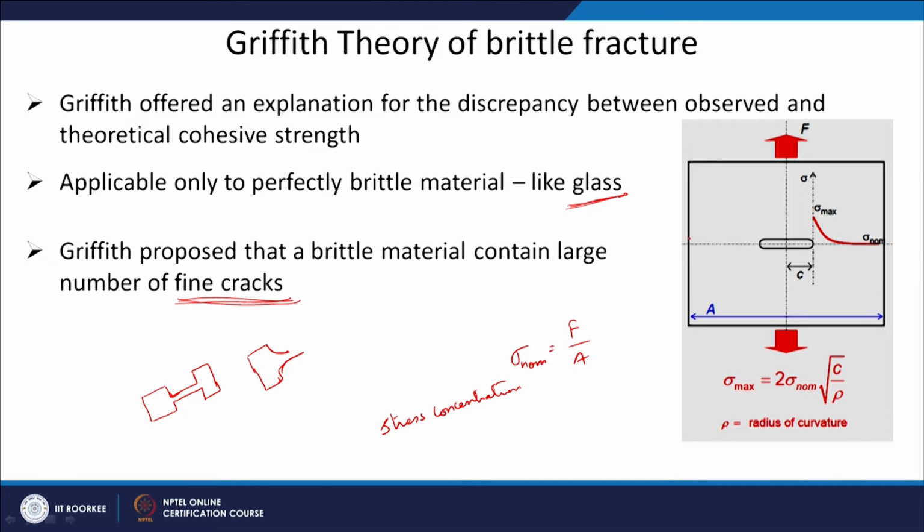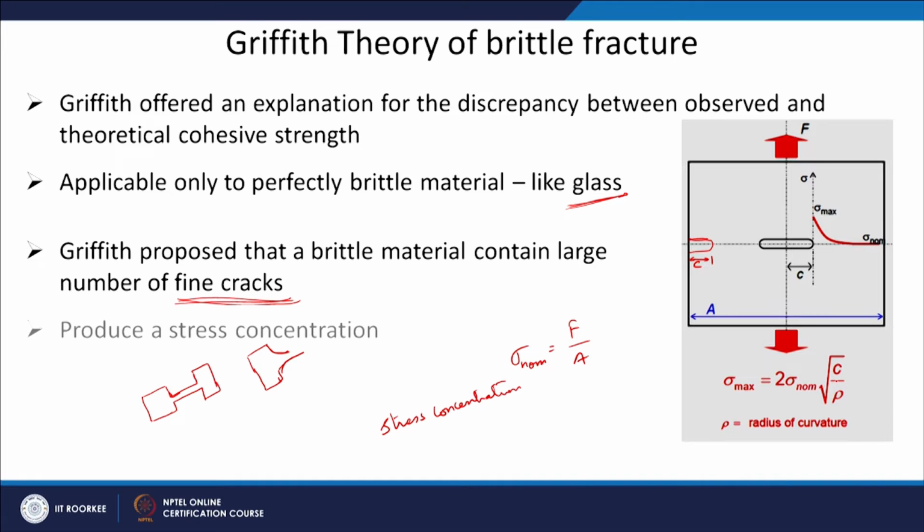If it is a surface crack, then we will just take the total length of the crack, which is c. So, if it is an inside crack, the crack length is 2c, and half of that will be c. If it is a surface crack, then we will just take the c here. So, sigma max will be equal to 2 sigma nominal into under root of c by rho.